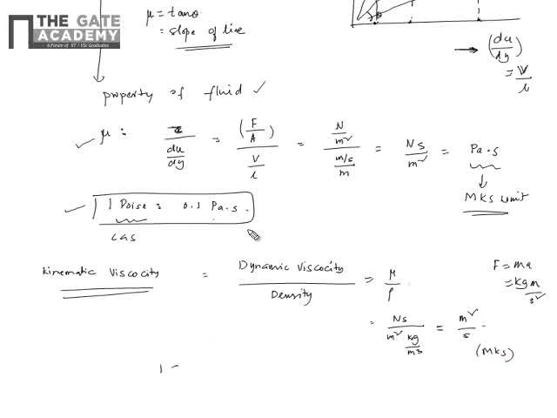In CGS the unit is one stokes, which is centimeter square per second, and that value is 10 power minus 4 meter square per second. This is how it is defined. So this is about dynamic viscosity and kinematic viscosity.